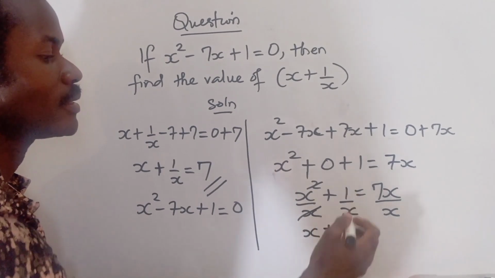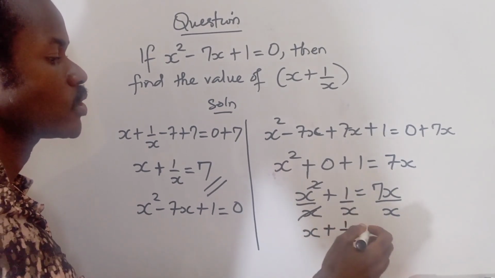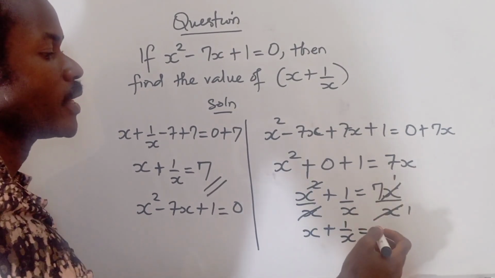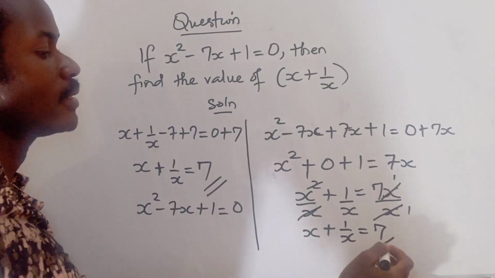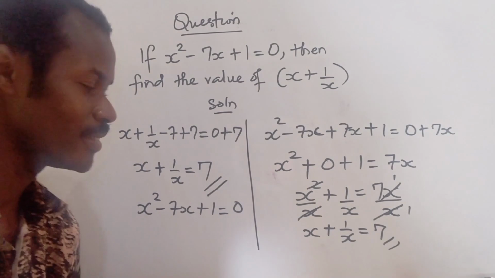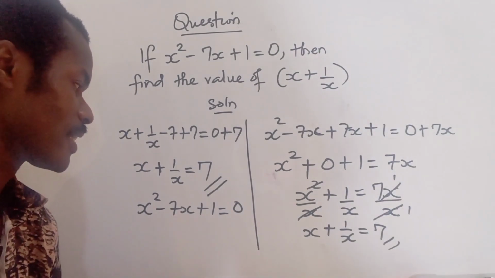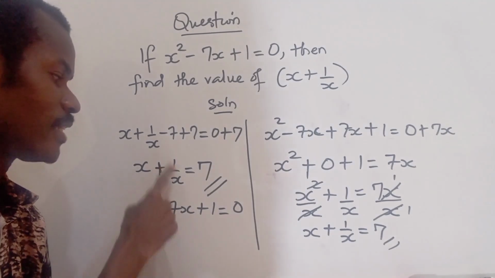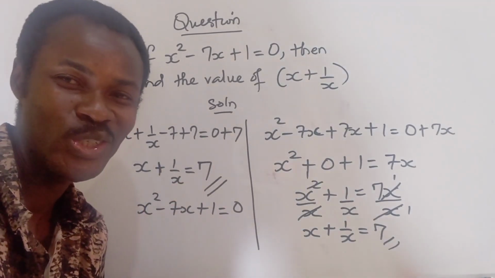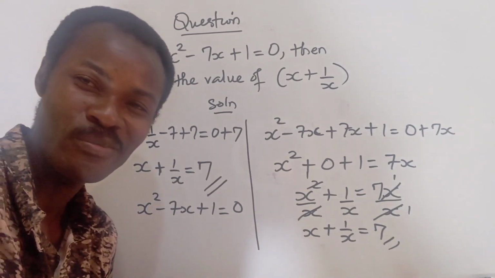So we have plus 1 over x, which is equal to, x will cancel x here, is 1, so we have 7 on the right-hand side. So either way, when you solve it, you are going to see that your x plus the inverse of x is equal to 7. So that gives us the simple solution to this simple problem.